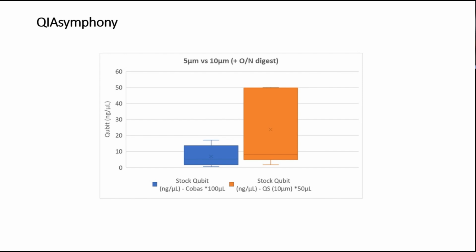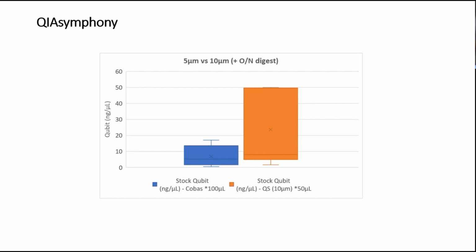So we've been looking at our current requests, which are 5 sections at 5 micrometers, compared to what happened if we doubled that. So we had 10 micron sections. We'd still keep the 5 sections, but with the 10 microns, whether that brings that yield up to a level where we can go on and test all of our samples.